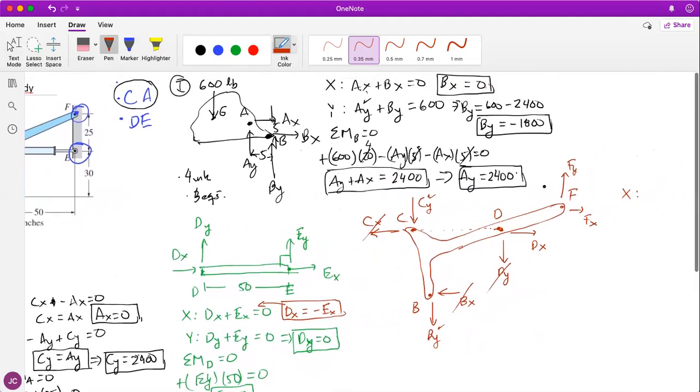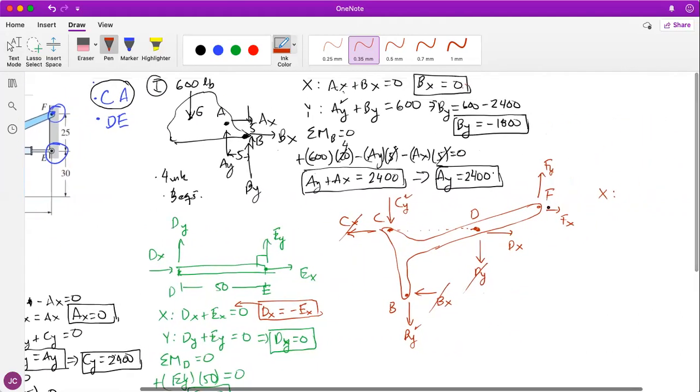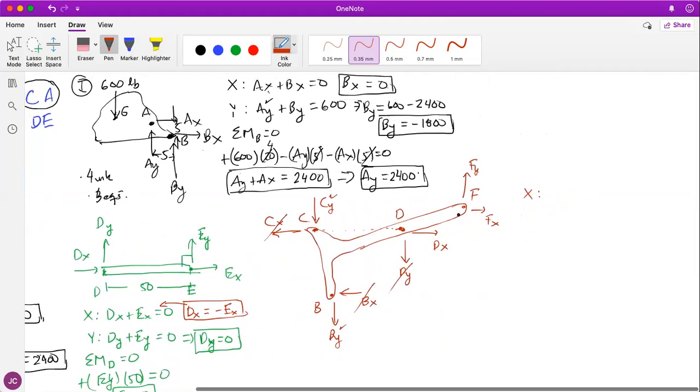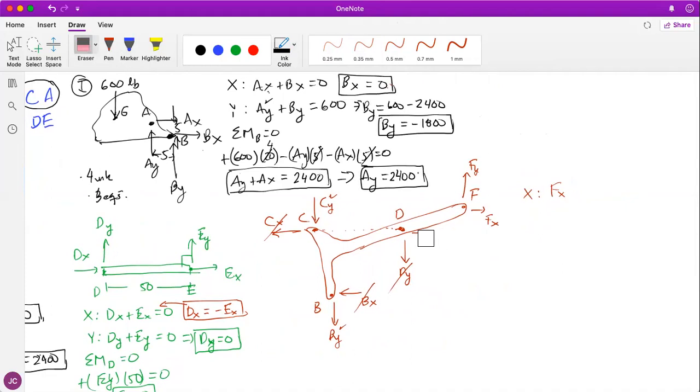Now, what about f? Well, I don't know anything about x. So now that I know that, let's just go for x. What I will put is fx going to the right plus dx. Yeah. Oh, I think I didn't do what I suggested, which is to use backwards. Okay, so I'm gonna, I don't know, with this big square trying to erase something over there.